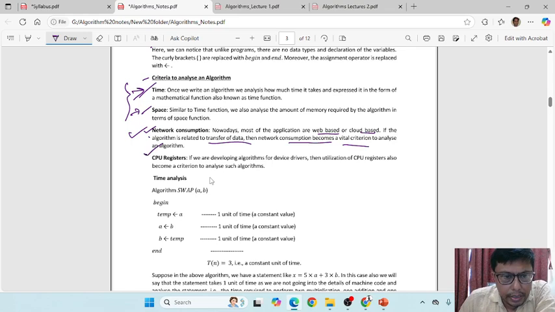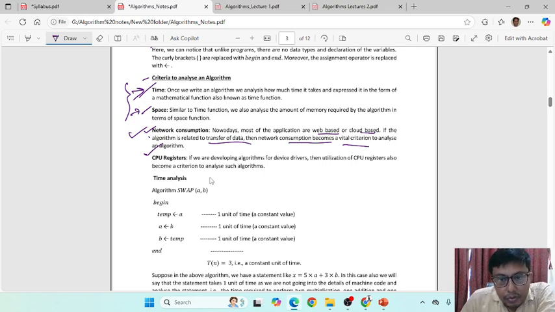The fourth criterion is the CPU register. How is the CPU register contributing here? If you are developing an algorithm for a device driver, for example, then the utilization of CPU registers becomes very important.